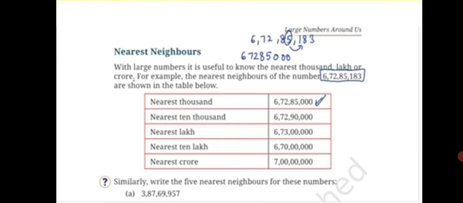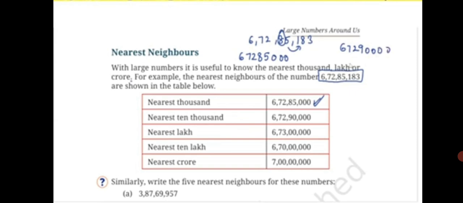Now we'll do the next one, the nearest 10,000. In this number, again tell me which digit is at the 10,000 place. Easily you can see that 8 is at the 10,000 place. Circle that number. After 8, which number is there? 5. We already discussed this: if the number after the circled number is 5 or more than 5, we add 1 to the circled number.